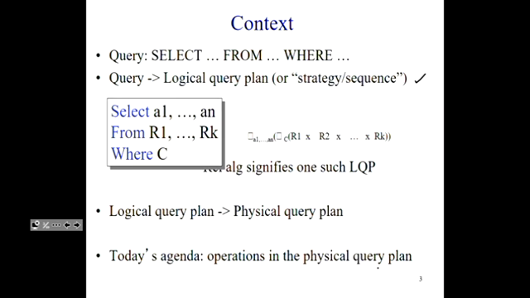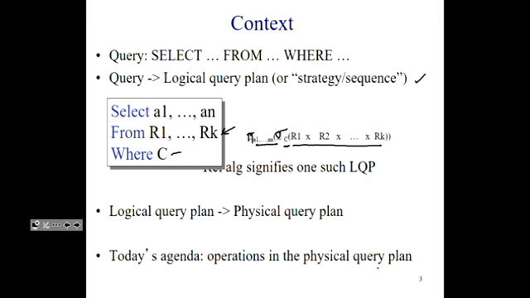In this case, one possible logical query plan would be to take all of these relations R1 to Rk that are listed in the from clause, do a cross product, then do a selection operation after that on condition C, which is from the where clause, and then do a projection onto the attributes A1 through An. That tells you a logical query plan. It is declaring a sequence of operations.